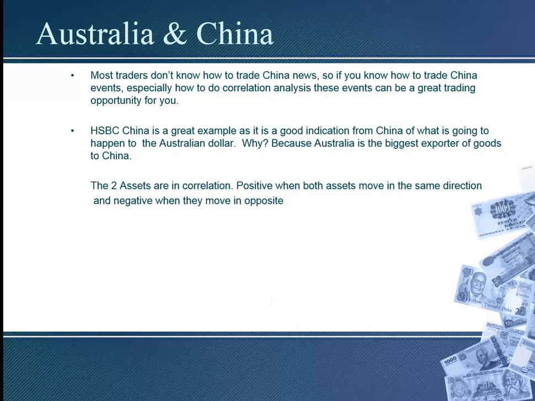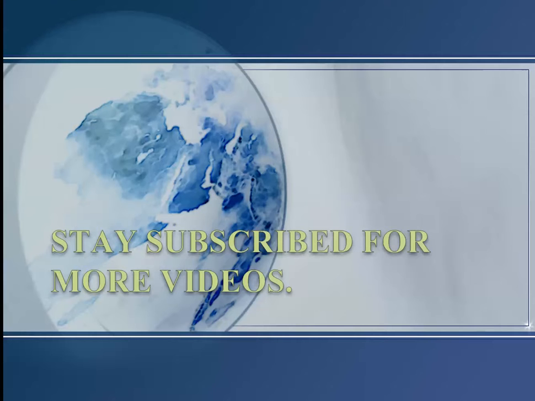It's a good indication from China of what's going to happen to the Australian dollar. Why? Because Australia is the biggest exporter of goods to China. The two assets are in correlation with one another: positive when both assets move in the same direction, and negative when they move in opposite directions.